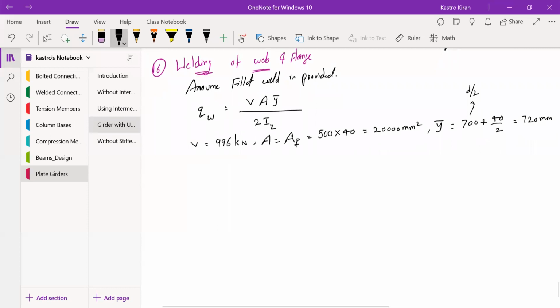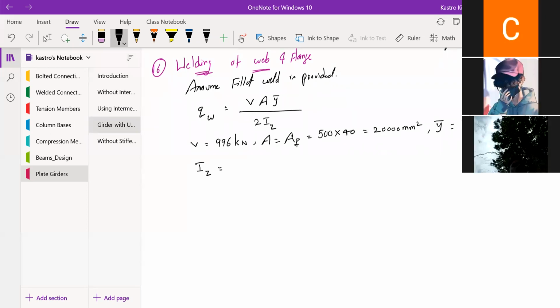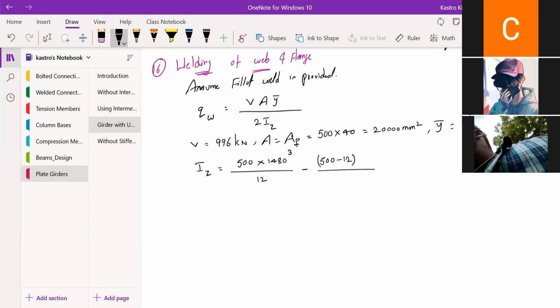Again, you also have to find the moment of inertia of the entire I section, that is flange and web. That is BD cube by 12, where B is the width of the flange, 500, and capital D is 1480, cube divided by 12, minus 500, the width of the flange, minus the thickness of the web, 12, into small d cube by 12.